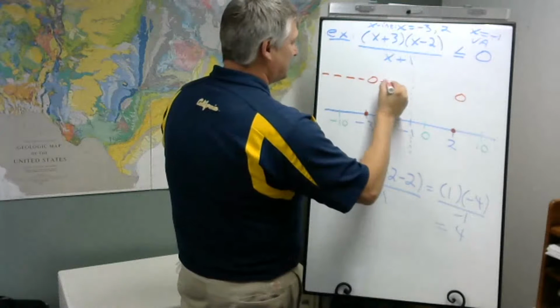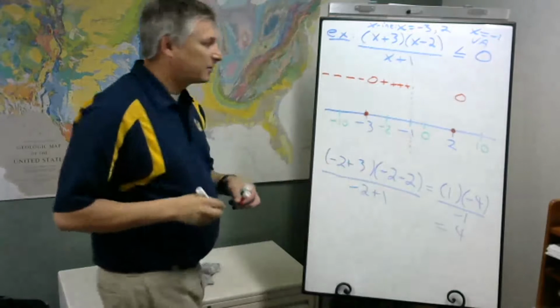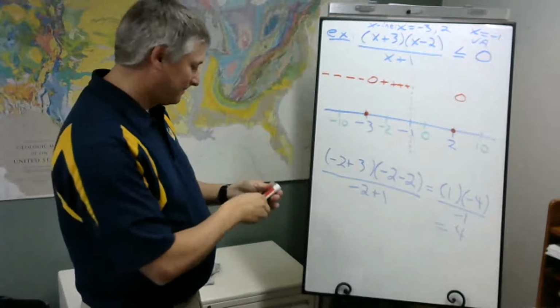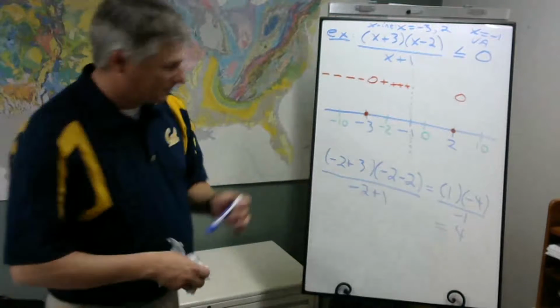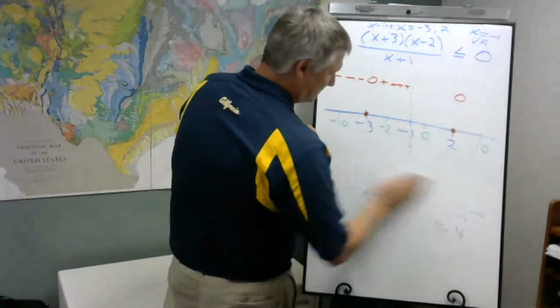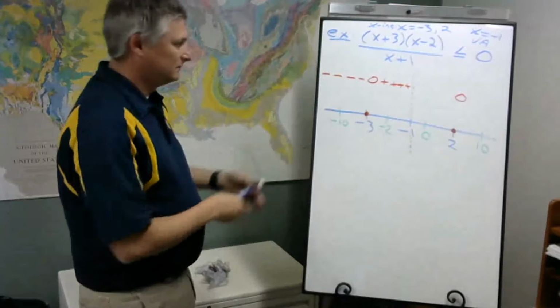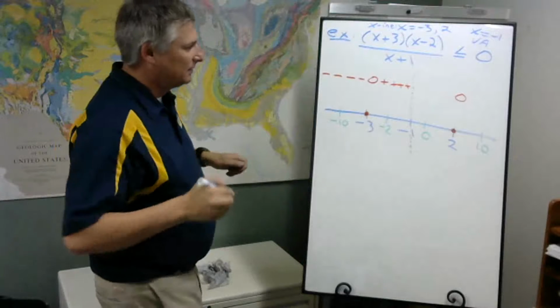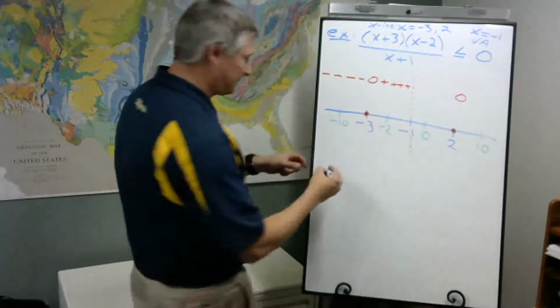So we're going to have positive between -3 and the vertical asymptote at -1. So -1 to 2, we're going to use the test point of 0.